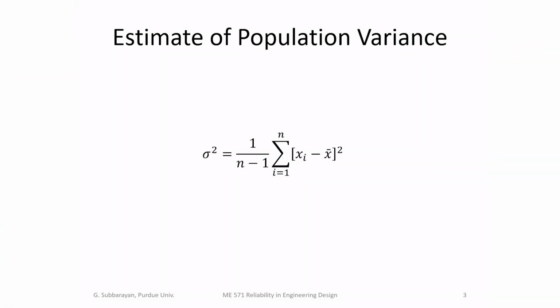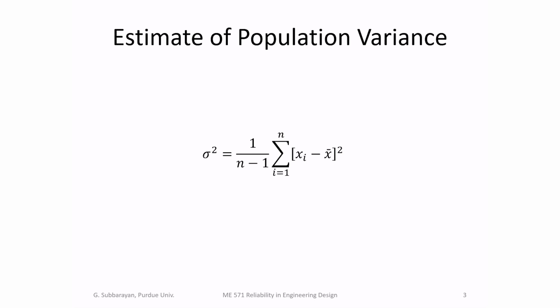The next concept is: what is the estimate of the population variance? Given that we have a sample with a little n number of observations, we would like to use this sample to estimate the variance of the population. We don't have a clear idea what the population variance is, and we actually don't know the population mean either.